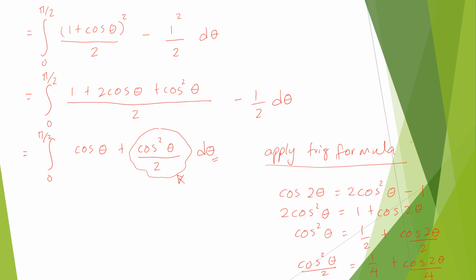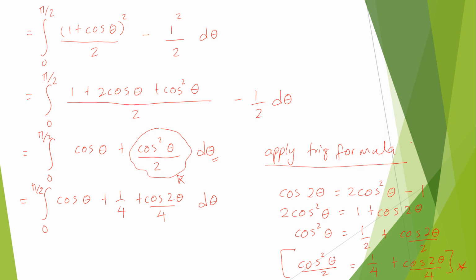Take this and put it into the integral here. So cos theta plus 1 over 4 plus cos 2 theta over 4, d theta.